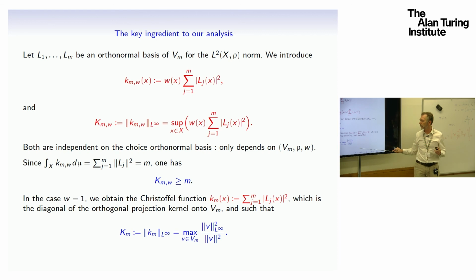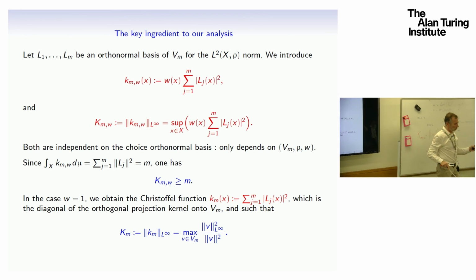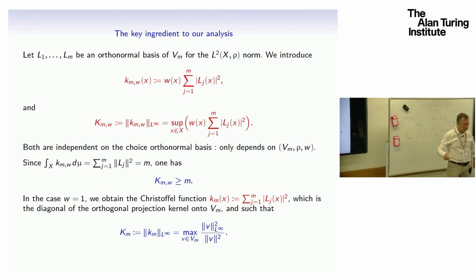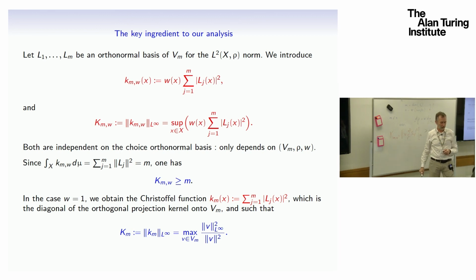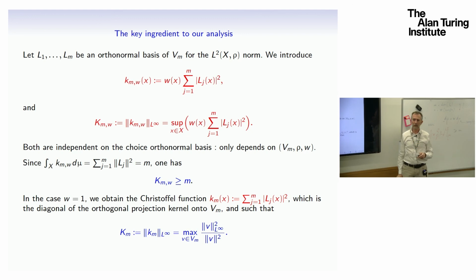It's the best constant that you find if you try to control the L infinity norm of a function by the L2 norm uniformly on the space Vm. Okay, so it has to do with what's called inverse or Nikolsky estimates, Bernstein-Nikolsky estimate. Okay. But what we are looking at more generally is this quantity.